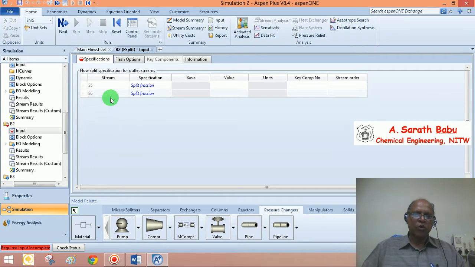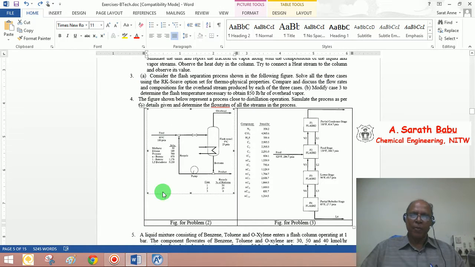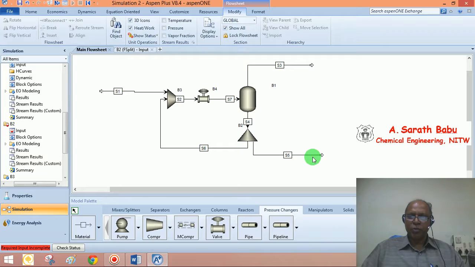Now we are talking about the stream splitter. The first case I would like to handle is the split fraction with respect to S5. Try to be careful with respect to what you define. If you go to the main flowsheet, S5 happens to be the product. So when you are not going to recycle any part of the liquid, everything should go into S5.